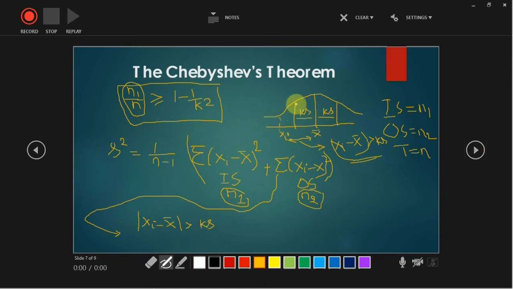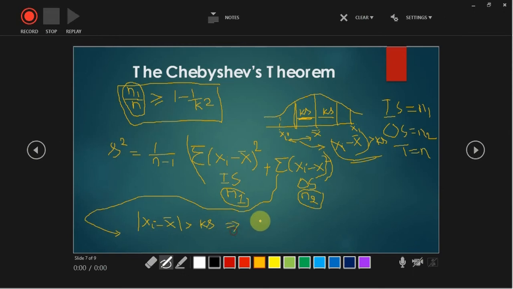If we take any observation xi outside this range, xi minus x bar is greater than or equal to the ks distance. So we start from this and square both sides.